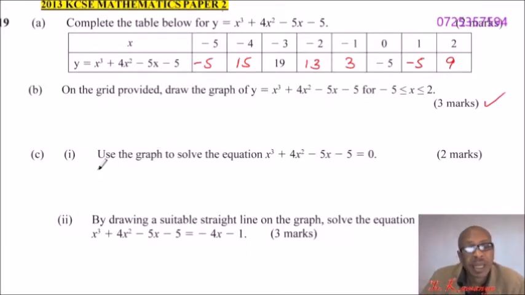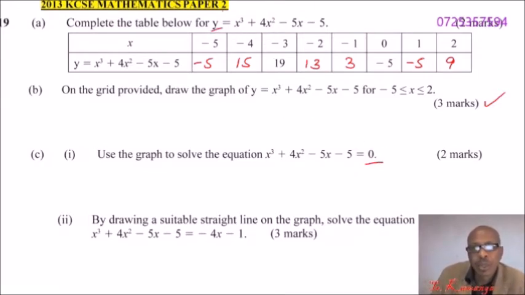Part C, Roman number 1. Use the graph to solve the equation x cubed plus 4x squared minus 5x minus 5 is equal to 0. So you can see here y has been equated to 0.